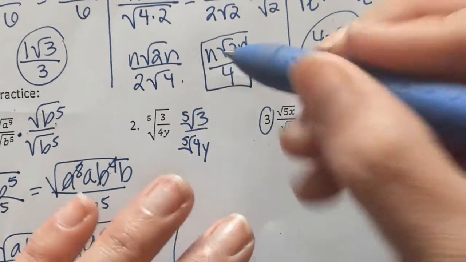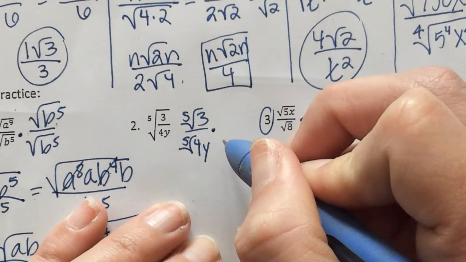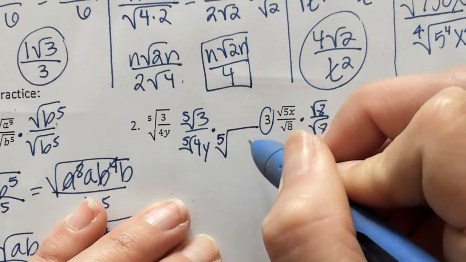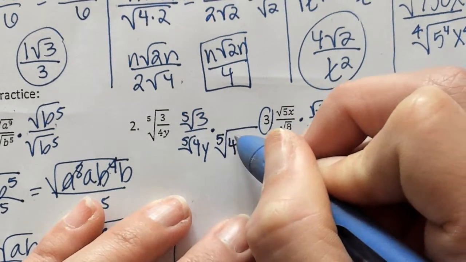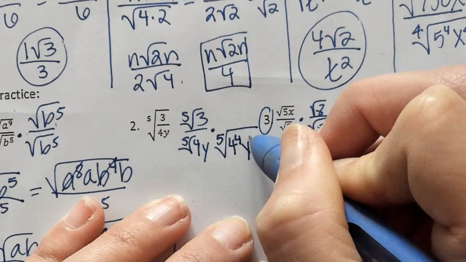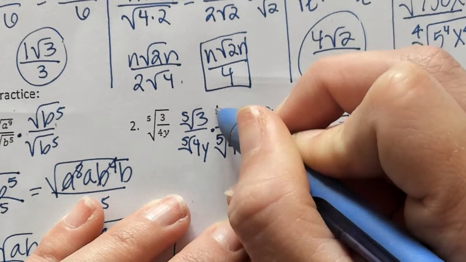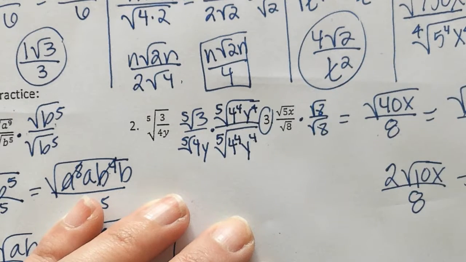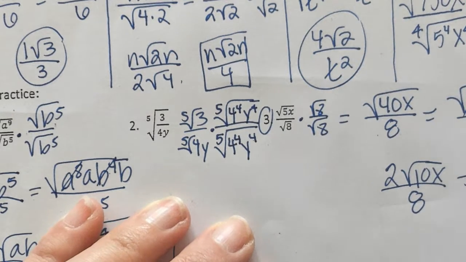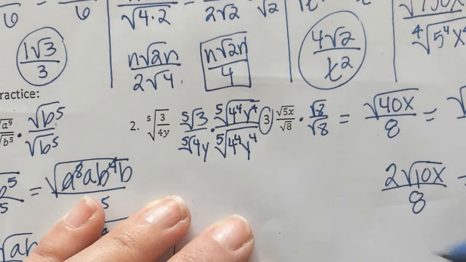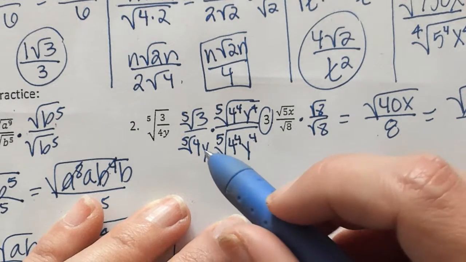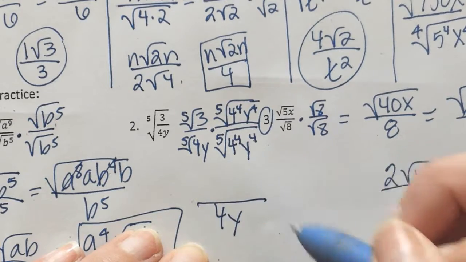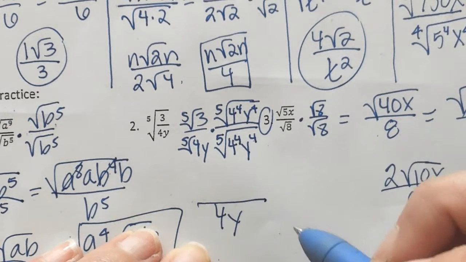So on this one, I have to multiply the top and bottom by the fifth root of what? 4 to the fourth and y to the, very good, one less. Alright, what is going to be on the bottom? 4y, just 4y, very good. All the exponents cancel and you just get 4y.